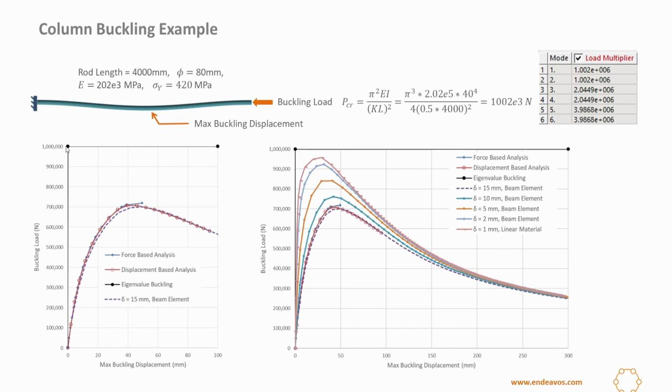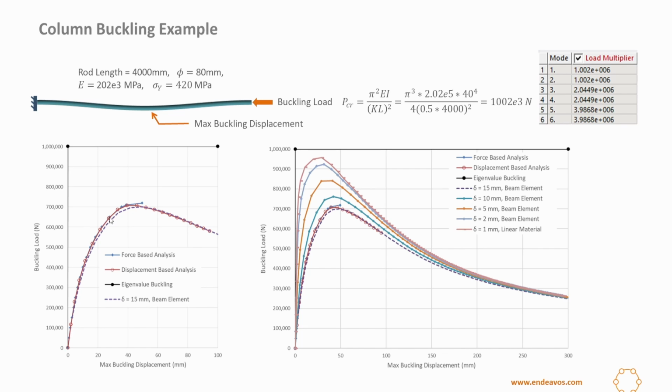So the linear eigenvalue buckling analysis can be compared with the Euler buckling formula. In this formula, just note that the K value is 0.5 because this is a fixed support at both ends. So for the first mode, I'm getting a buckling load of about 1,000 kilonewtons, which is identical to what I'm getting from the linear buckling analysis.